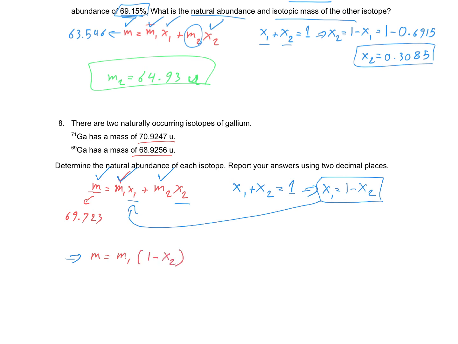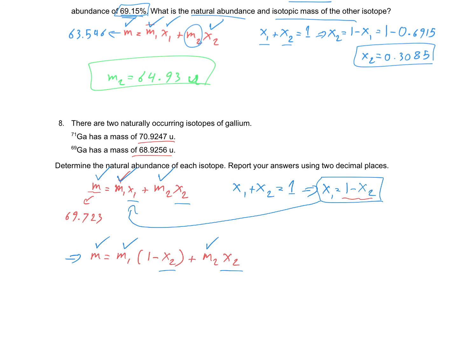I just put what is here instead of x1, plus M2 times x2. Okay, so now I have M, I have M1, I don't have x2, I have M2. So you only have one unknown, x2, and you can plug these numbers in and find the answer.